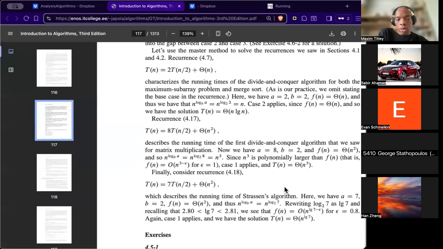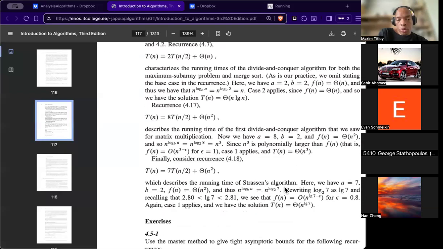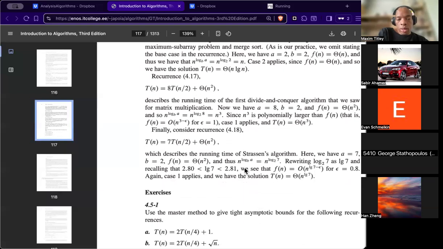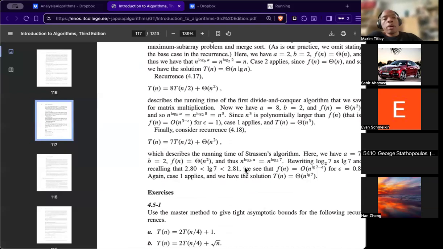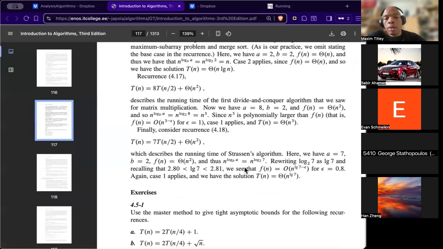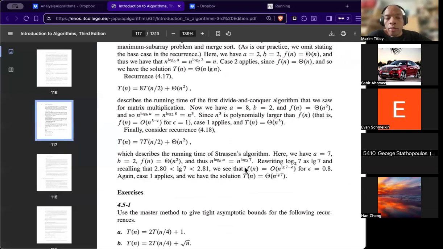So instead, we couldn't use the master theorem to work on that. That left us with discussing the fact that we're going to have to do something else to find the actual analysis of that algorithm if it does not work in the master theorem's general framework.